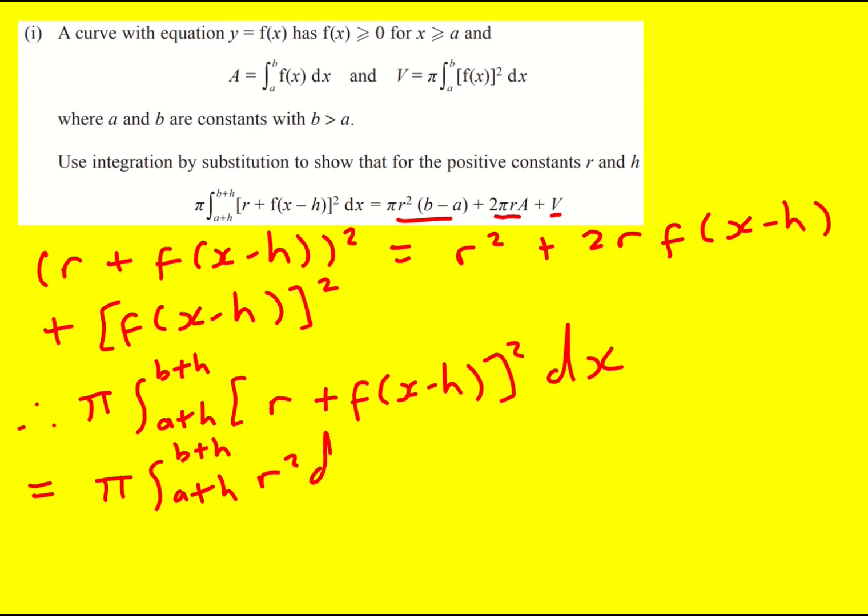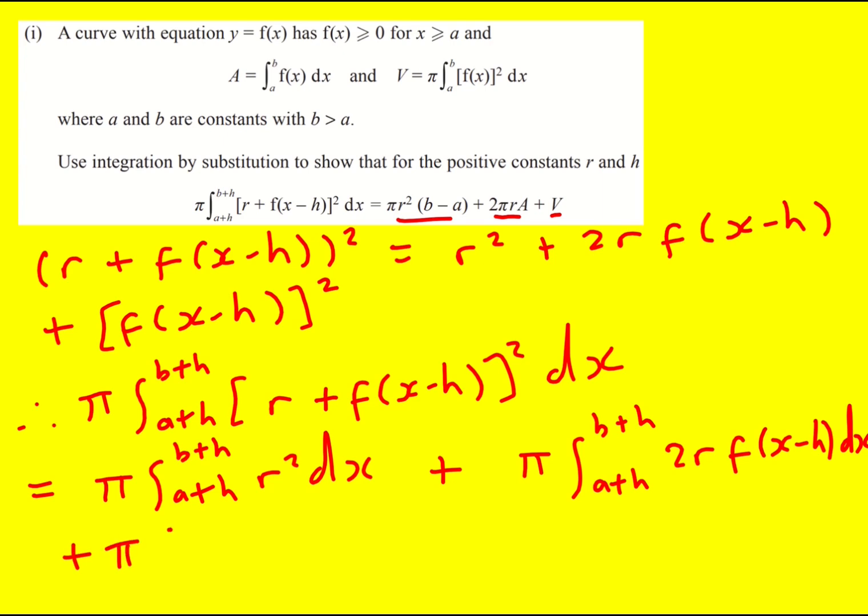So I'm going to get r squared, and then 2r f of x minus h, and finally f of x minus h all squared.